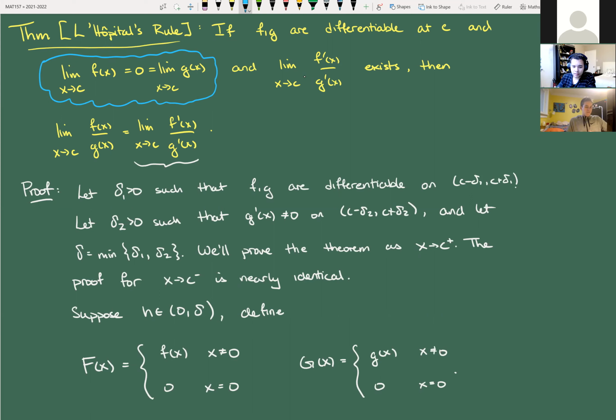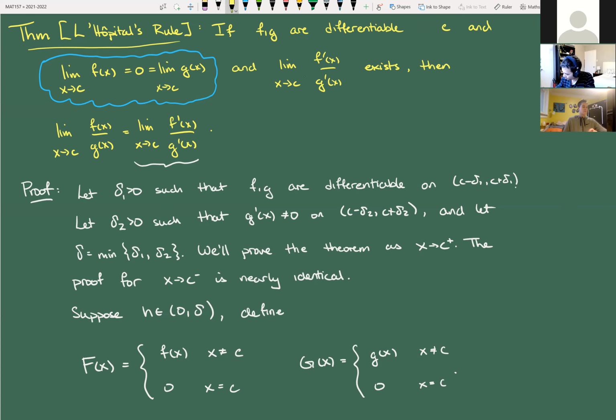Or sorry, this should be c, not 0. I'm not taking the limit at 0. So this is just to guarantee that these functions are actually continuous. Maybe I don't need differentiable at c. Maybe I only need differentiable near c. Yeah, actually what I only need is differentiable near c.